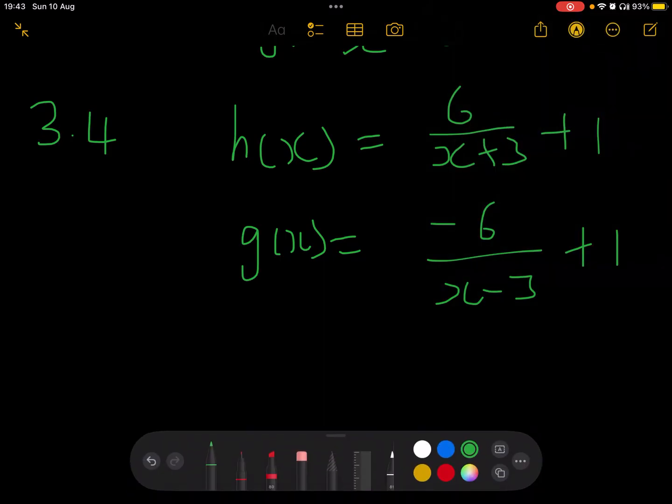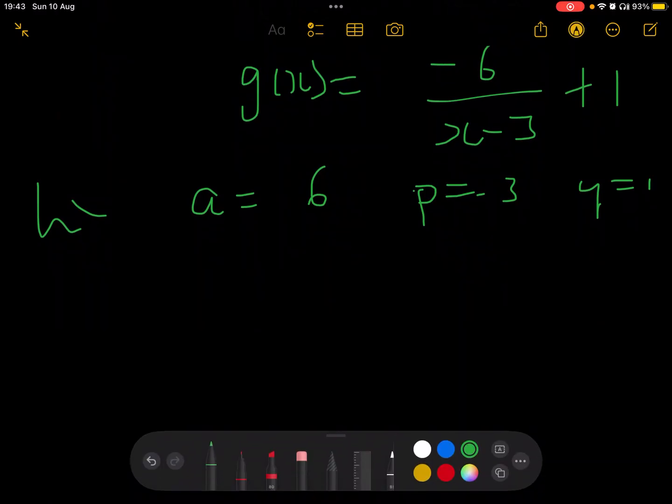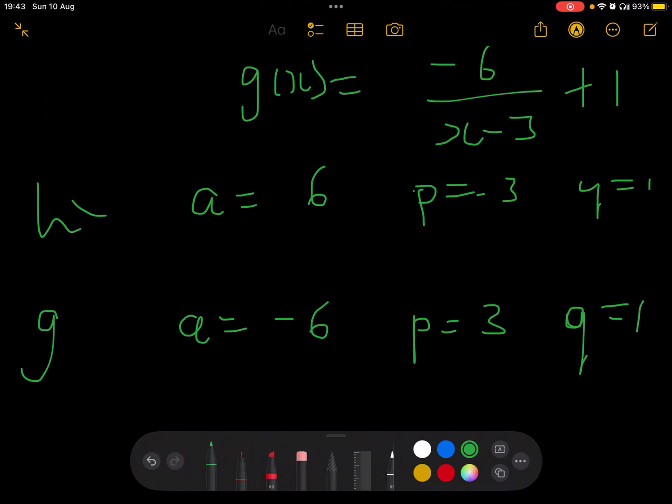Now, what do we look for? For h, we have a being a positive 6, p being a negative 3 and q being a 1, according to the general or mother graph. And then for g, we have a being negative 6, p being positive 3, and q being positive 1.